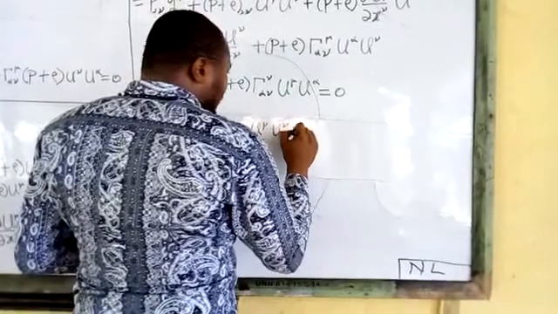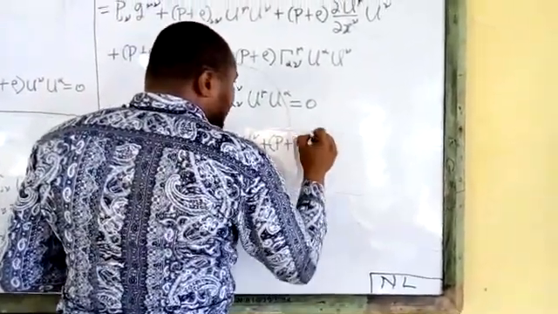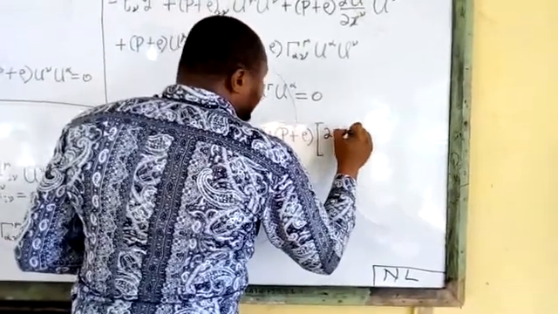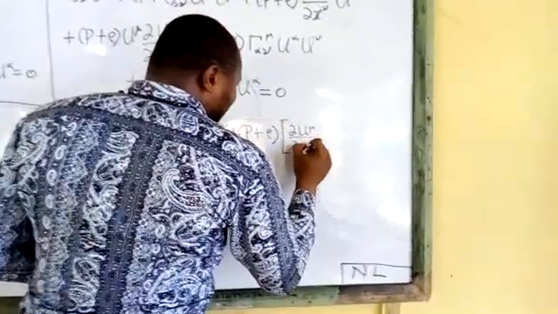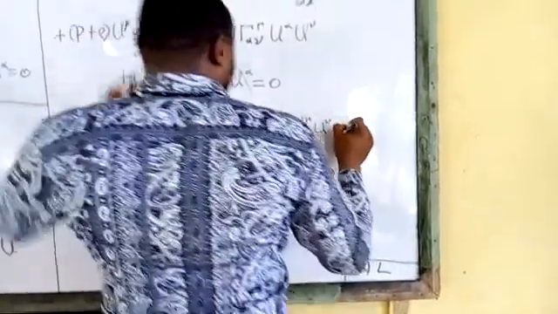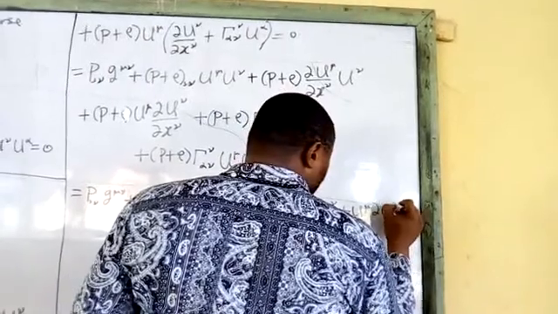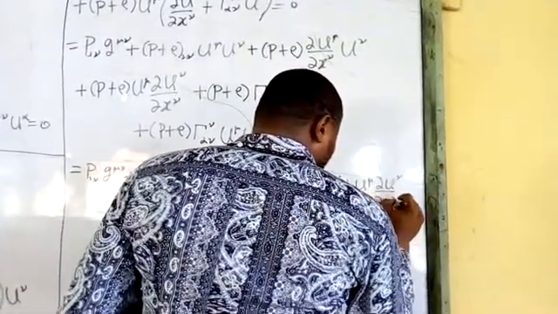And then I have plus p plus rho, then I put a block bracket here. I have here u mu, dx nu, u nu, plus u mu, du nu, dx nu.